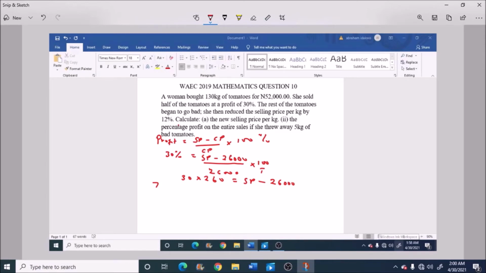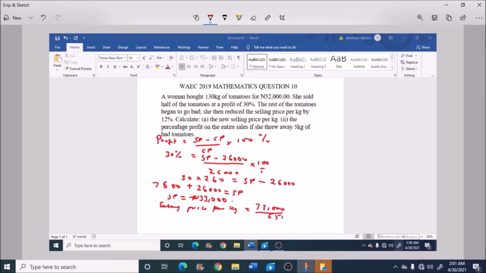So selling price is equal to 33,800. Now selling price per kilogram is equal to 33,800 divided by 65 kg, and that results to 520 per kilogram.